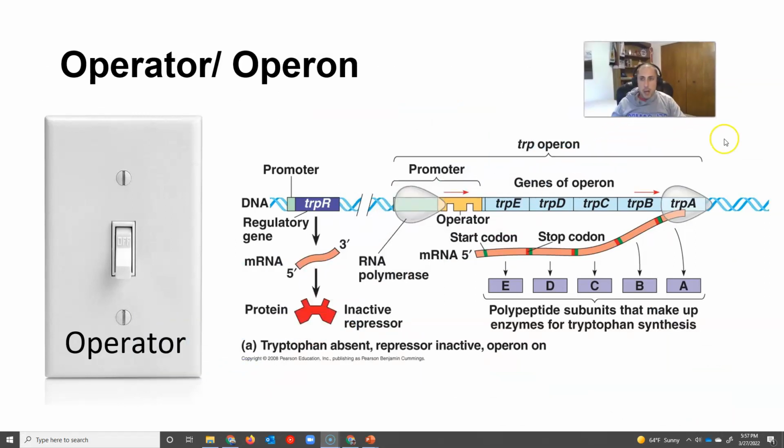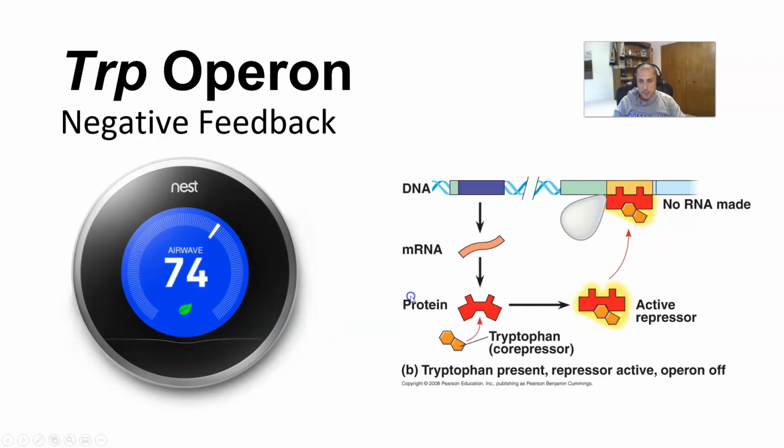Here we're talking about the operator and operon. Here we have the promoter where transcription starts, and we have this little kind of key right here. When tryptophan is absent, the repressor is inactive and the operator is on. So here we have the transcript being made because nothing's in that operator. Now, if this changes shape, it's going to fit in there and stop it.